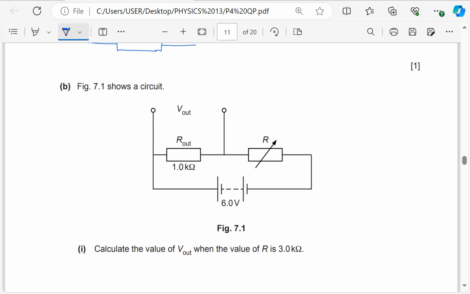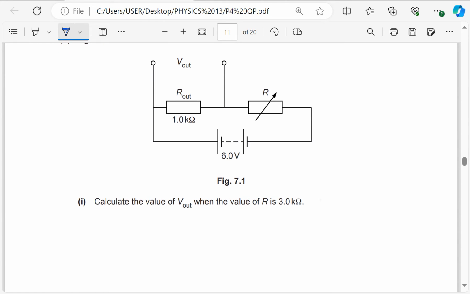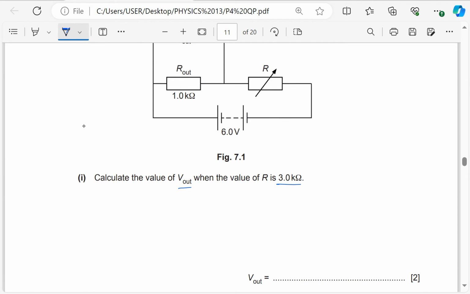The figure shows a circuit. So this is a fixed resistor. This is a variable resistor. Calculate the V out when the value of R is 3 kilo ohms. So we are going to use the potential divider formula. R is 3 kilo ohms, which means total resistance is 1 kilo ohm plus 3 kilo ohms because the two resistors are in series.